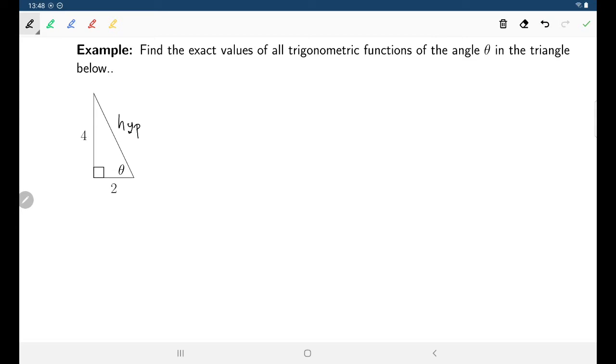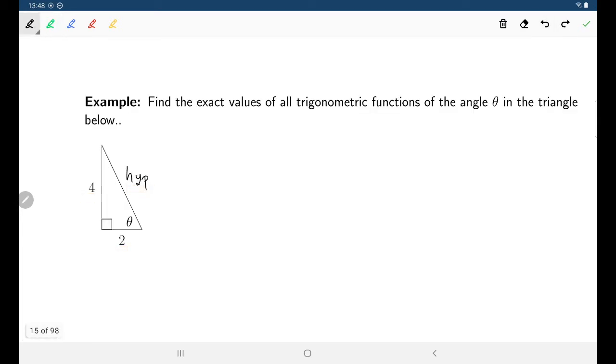And one thing that we know is by the Pythagorean theorem, in a right triangle, the hypotenuse squared should be equal to the other two sides squared and added together. So what we know is that the hypotenuse squared should be equal to 2 squared plus 4 squared, which is the same thing as 4 plus 16, or 20.